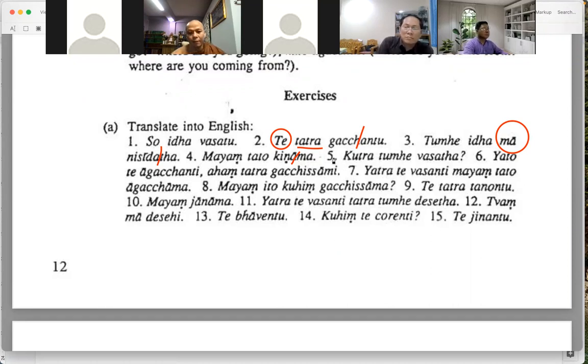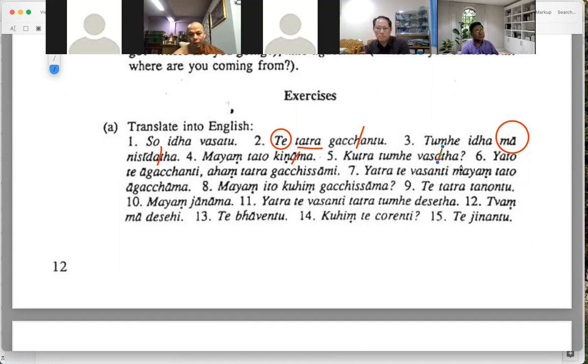And then number 5. Kattha vasatha. Here also, you see, second person plural, imperative is possible and present tense is also possible. Vasatha means live. So you may live, or may you live. Kattha means where, an interrogative adverb, so this is a question.